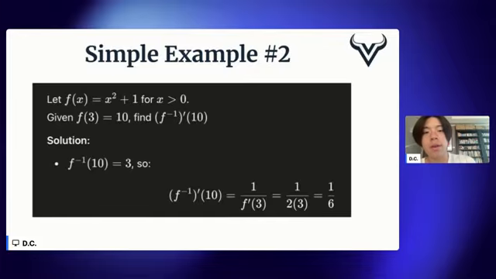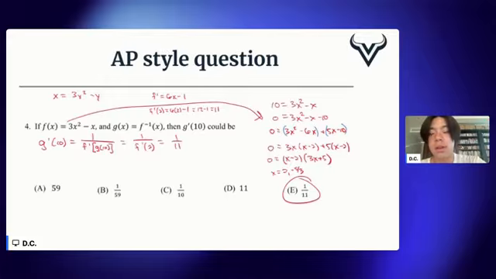Now we're moving on to some AP questions. This is a common multiple choice. If f of x is x times 3x squared minus x, and g of x is the inverse of f of x, then we want the derivative of g at 10. First, we find g of 10, which is the inverse of f at 10. We set 10 equal to x times 3x squared minus x, because 10 in this case is y, which is f of x.